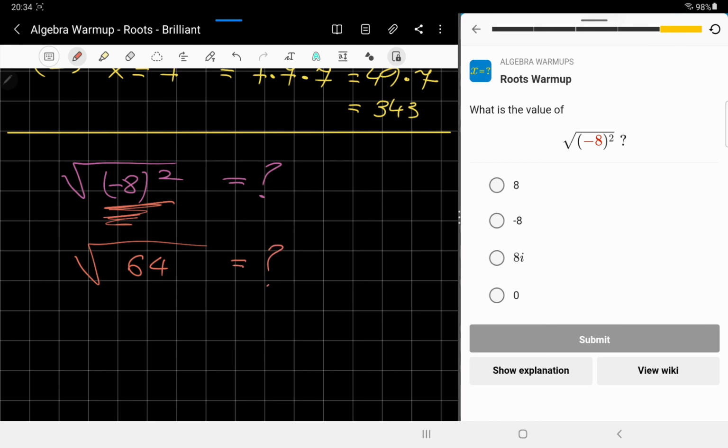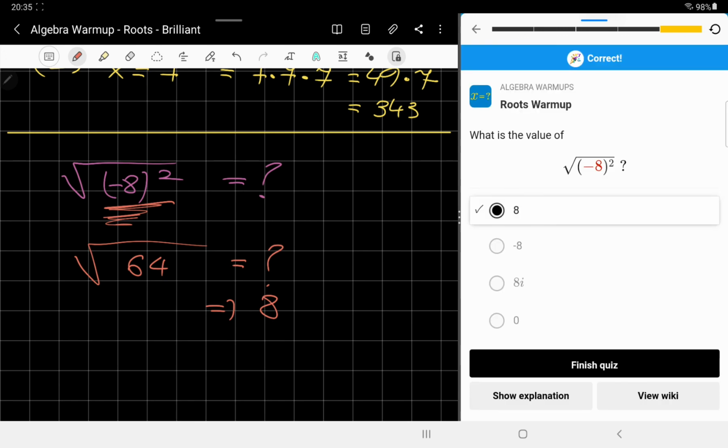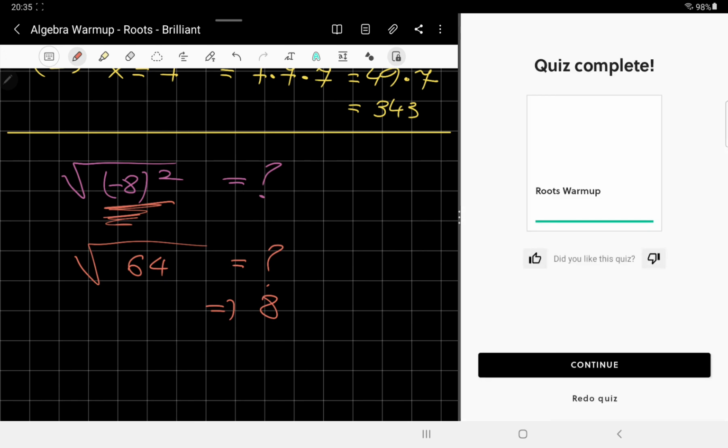And what is the square root of 64? This is equal to 8. And there we go.